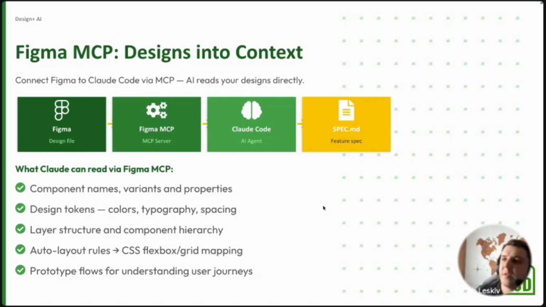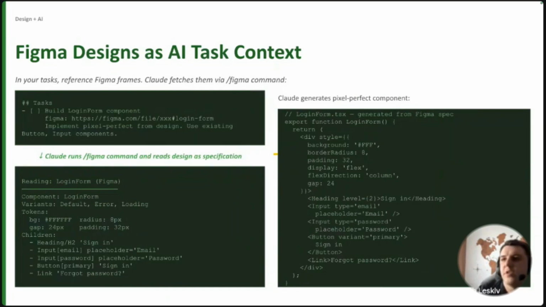It reads the design as a text specification, not just screenshots. In general, I could include the Figma link into the tasks, then it reads it, takes the design as specification, and creates a pixel-perfect component.